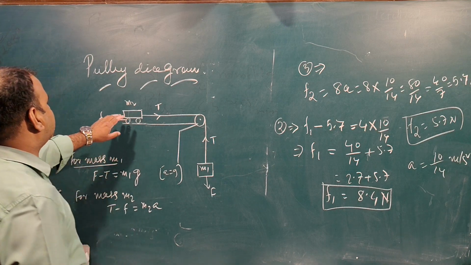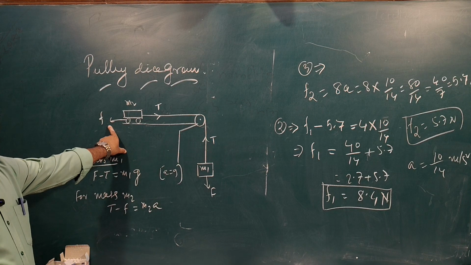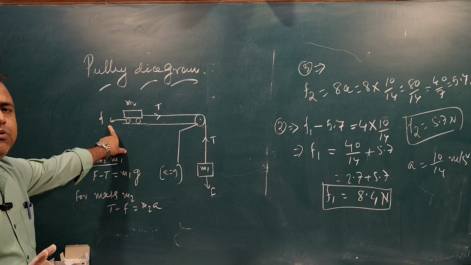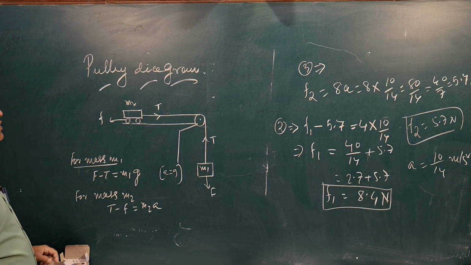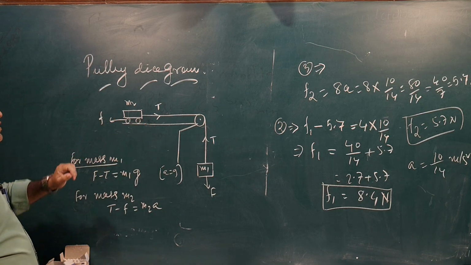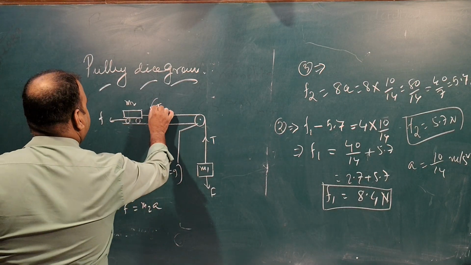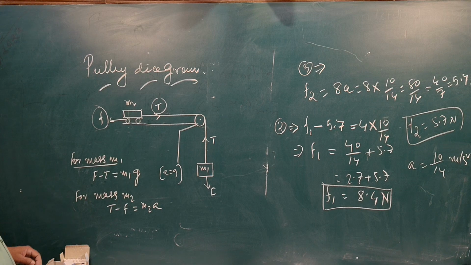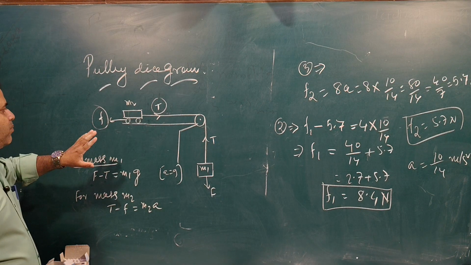Similarly, in this case you can see the frictional force is developed. When is the frictional force developed? After applying the force. That means if there is no applied force, there is no frictional force. So the applied force is here T, and here there is a frictional force. So this is a primary force, this is a secondary force. In case of primary force and secondary force, it is very important.